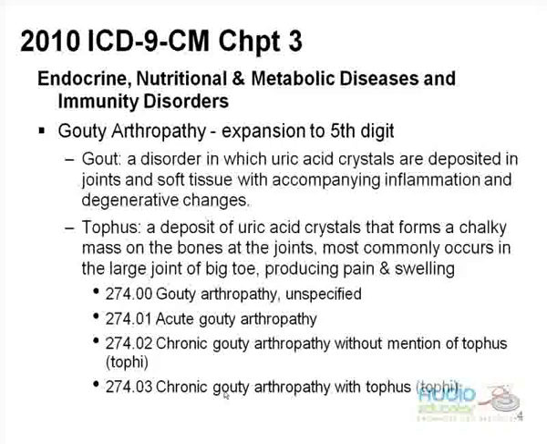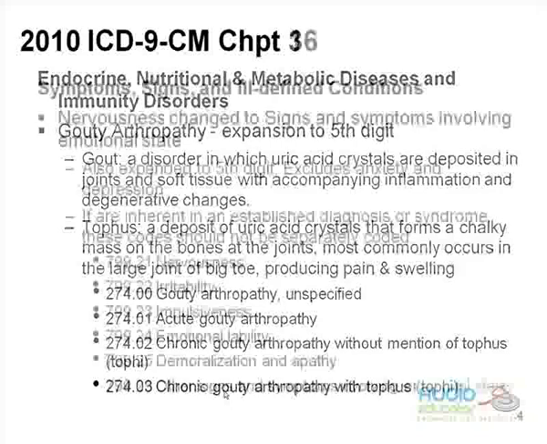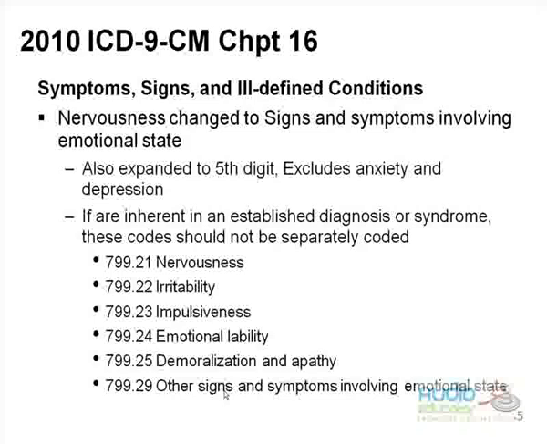The next section that has anything applicable for pain management is back in Chapter 16, symptoms, signs, and ill-defined conditions. We had an explosion out of the 799 codes for nervousness. The title was actually changed from nervousness to signs and symptoms involving an emotional state. It went from a fourth digit to a fifth digit.